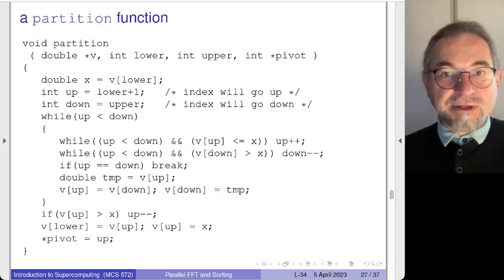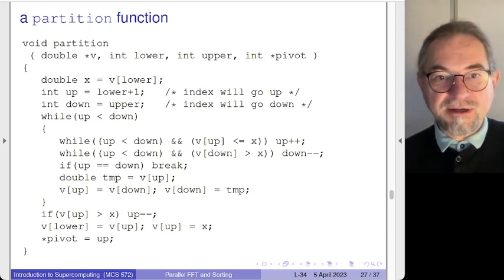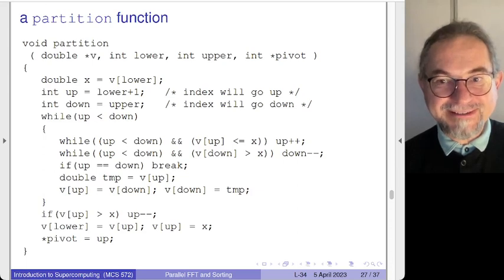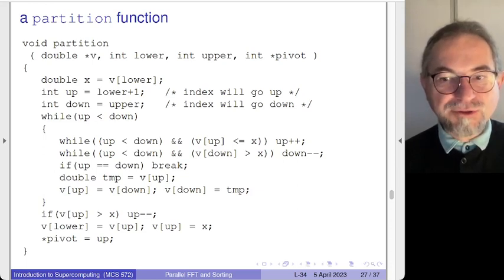Here is the partition function where we swap items. This keeps the lecture very self-contained. I will not go through the incrementing of the indices, the up and the down.